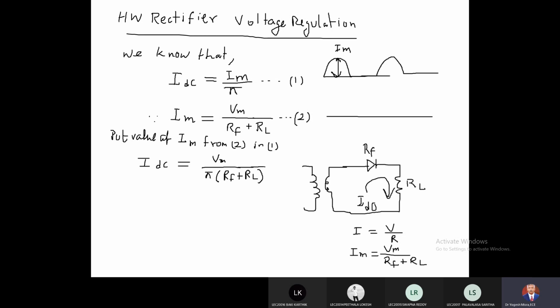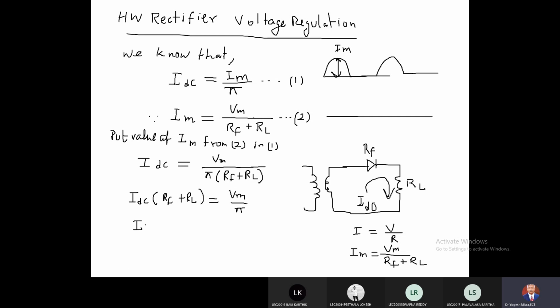Now what I will do, this Rf plus RL, I will multiply by IDC on this side. So you can write this equation as IDC (Rf plus RL) is equal to Vm by pi.